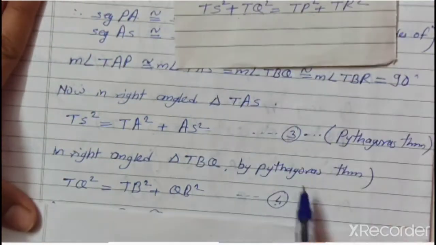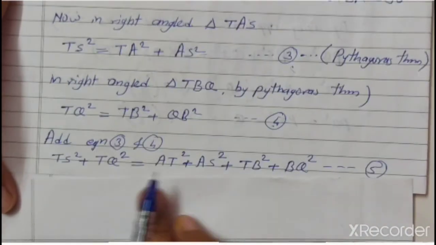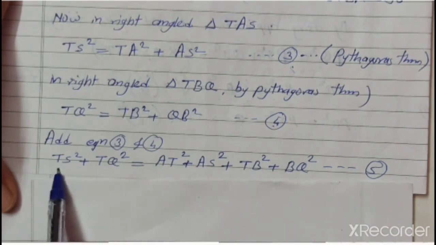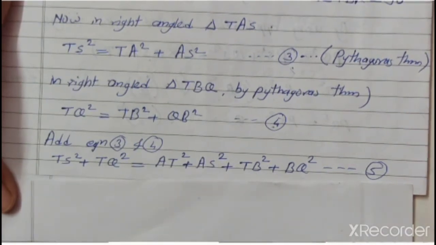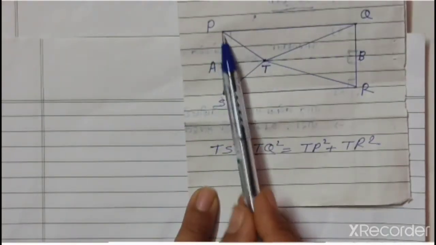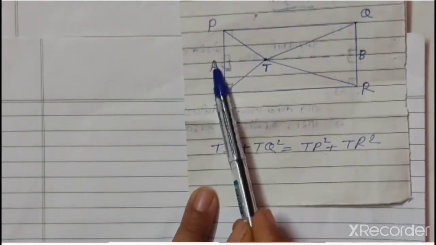Here we require addition. So I am just adding equations 3 and 4. After adding, you will get this step. This is our equation number 5. This is the addition of the left hand sides and this is the addition of the right hand sides. Now use this TP square. TP is this one, a part of triangle TAP.